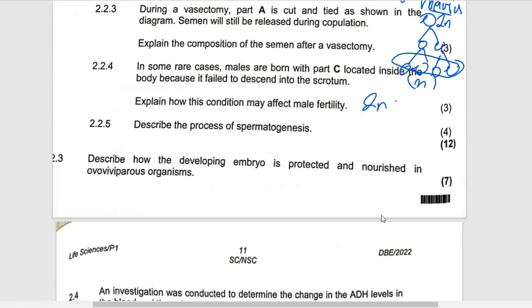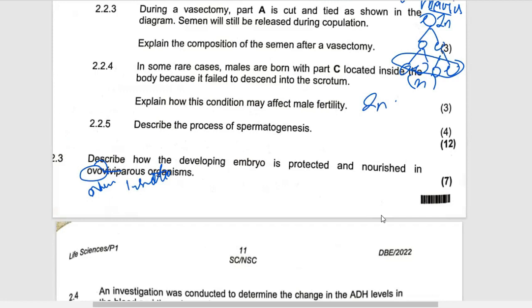So these are animals whereby you have ovo, which means the ovum, and then vivi means inside. So it means that the ovum is developing inside the mother's body. Yes, but it does not obtain nutrients from the mother. It obtains nutrients from the egg. That's why it's called ovoviviparous.